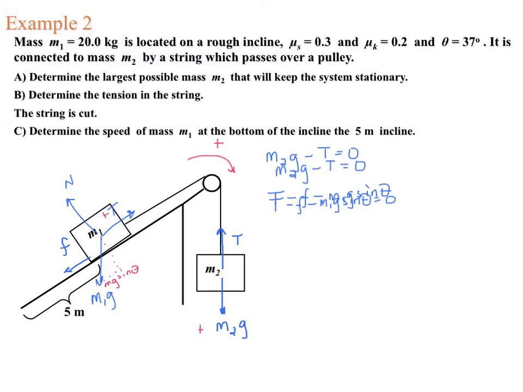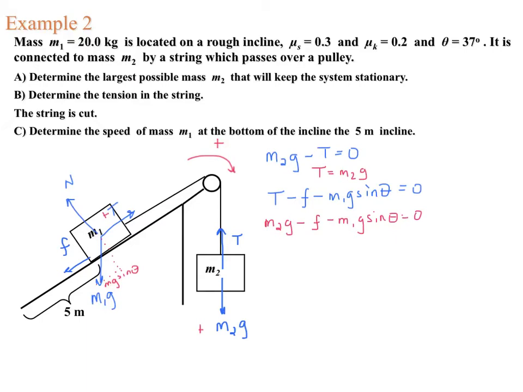So then I can make a substitution for tension into my second equation. T is equal to m2g. So m2g minus friction minus m1g sine theta is equal to 0. Again, I'm trying to solve for mass 2.